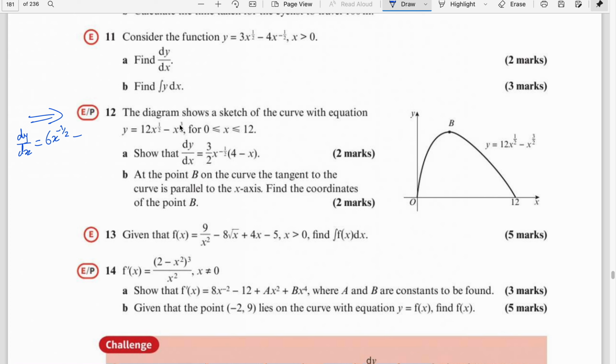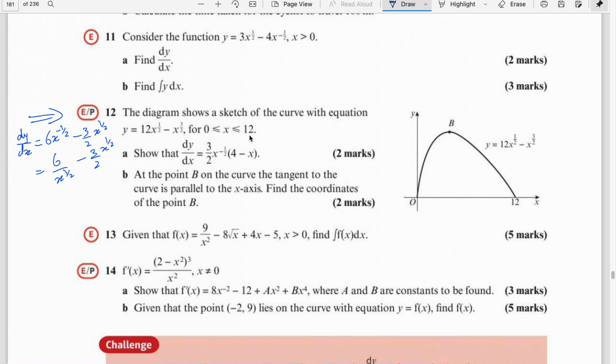Minus, we bring this power down, that is 3 by 2, and reduce 1 from 3 by 2, is 1 by 2, and we simplify. This becomes 6 over x raised to power 1 by 2 minus 3 by 2 x raised to power 1 by 2.